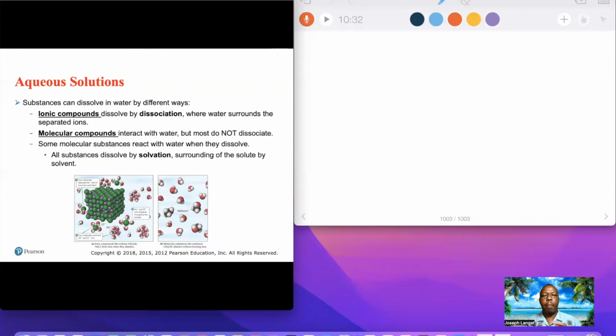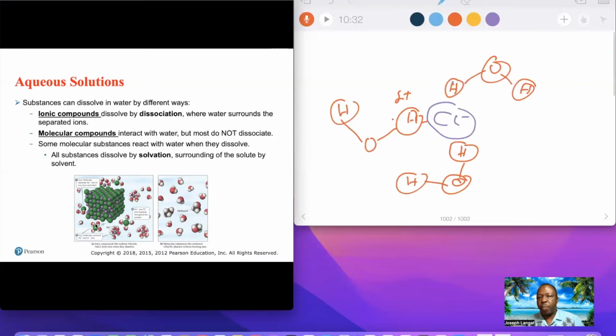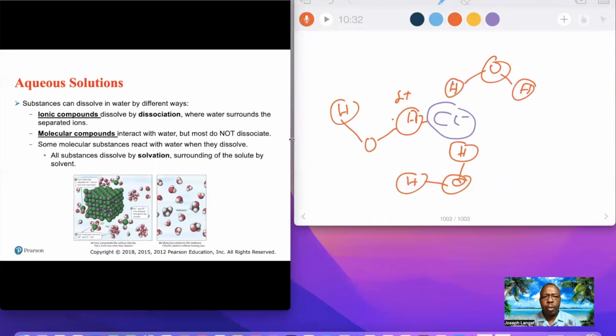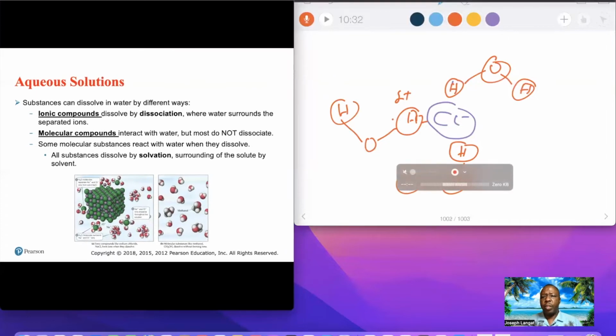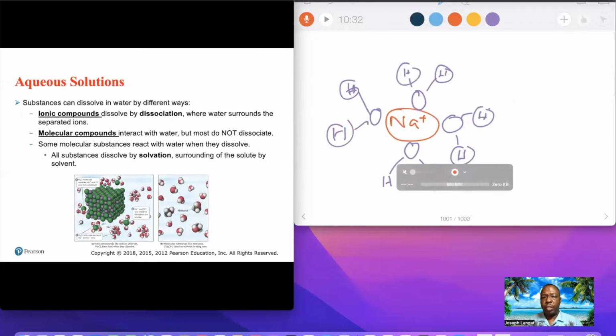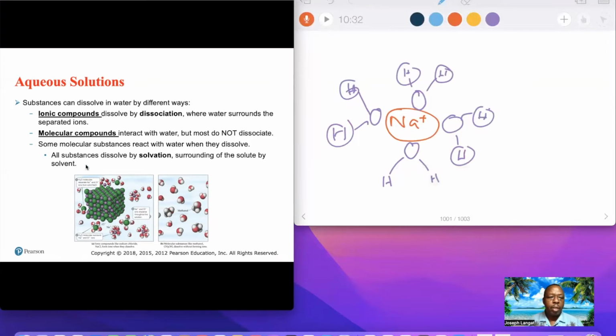That means the process by which the solvent molecules surround the solute particles when they dissociate in the solution. We call that solvation. For example, on the whiteboard here, I do have the solvation of chloride ion, the solvation of sodium ion, surrounding the solute by the solvent.